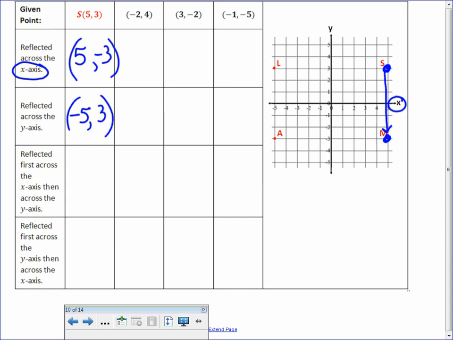And we proved that in the first example. If we're going to reflect it across the x-axis and then the y-axis, so two reflections mean I have to have two opposites. So it would be -5, -3. And if I did the y first and then the x, it would still be -5 and -3.